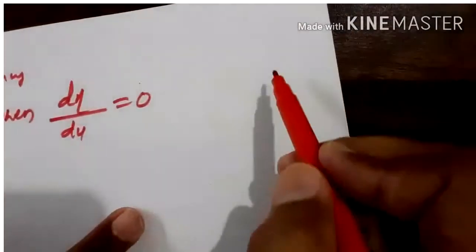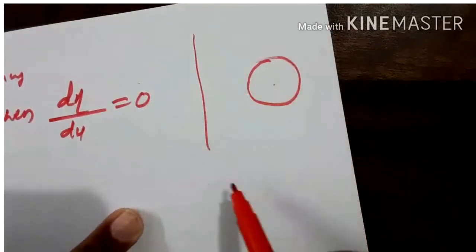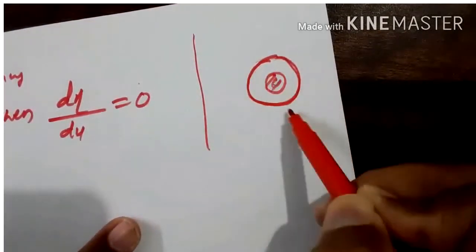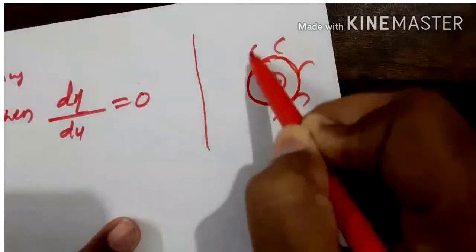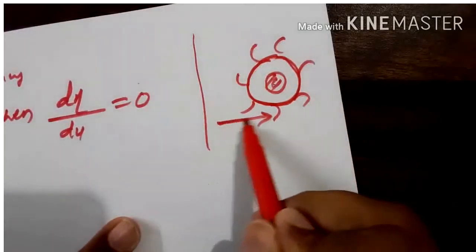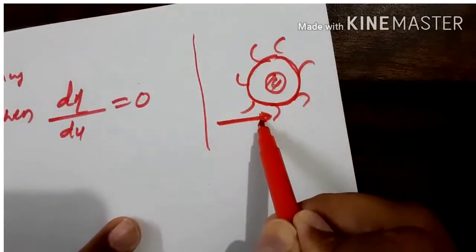Means suppose you take a turbine, this is an impeller, shaft, then the blades are mounted like this, then the jet will be striking. So this is the input energy you are giving, that is the kinetic energy of the jet.